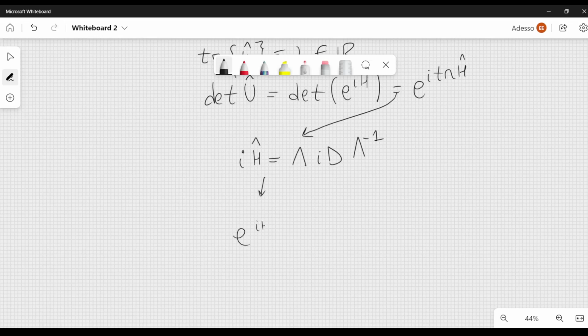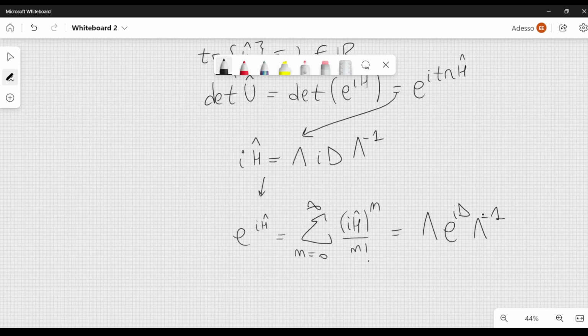It's easy to understand that e to the iH, which is by definition the summation over n from 0 to infinity of (iH) to the power n over n factorial, is equal to lambda e to the iD lambda inverse.